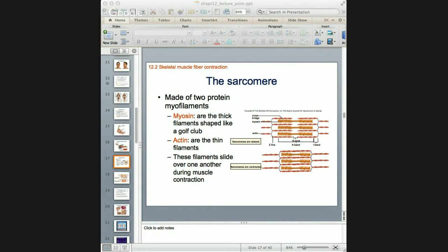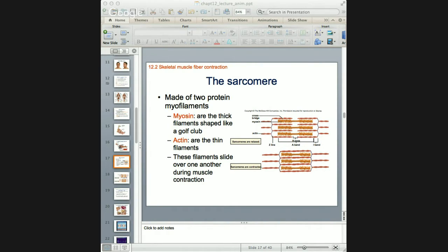All right, so here's our unit of contraction. Here's a sarcomere that is relaxed. So this is a muscle that is relaxed. You can see that this is a relaxed sarcomere, and it's wider than a contracted sarcomere. See how small a contracted sarcomere is? It's bounded here, there's one end here, here's another end. So that's a contracted sarcomere.